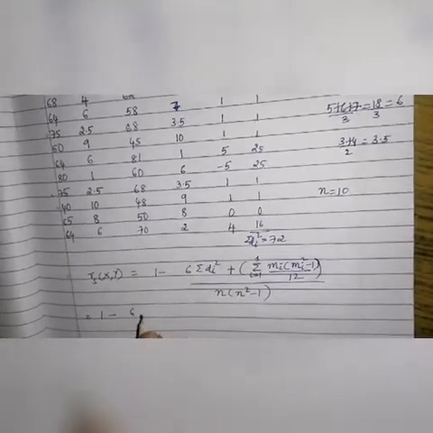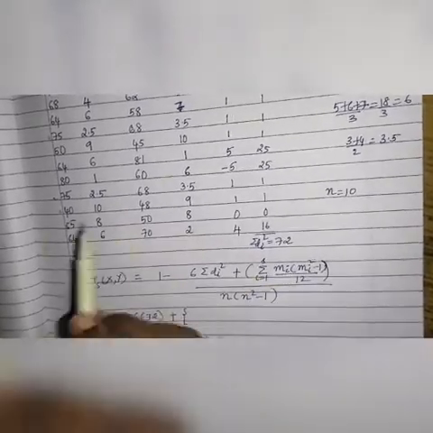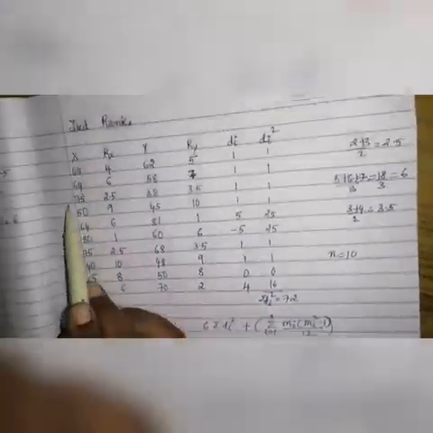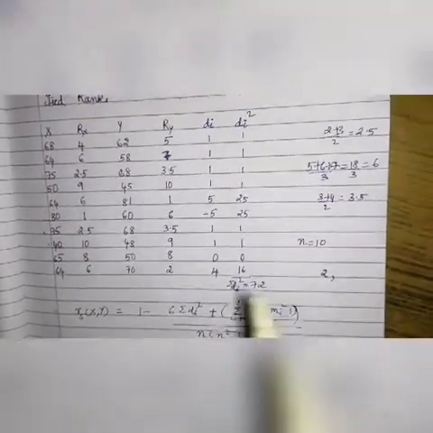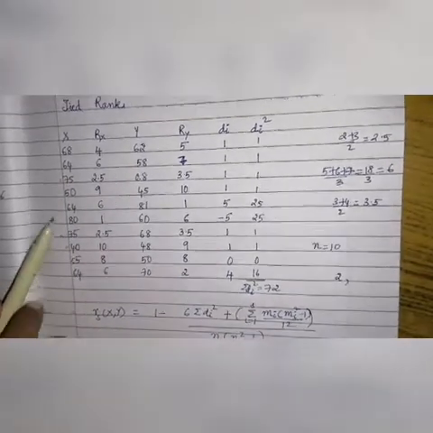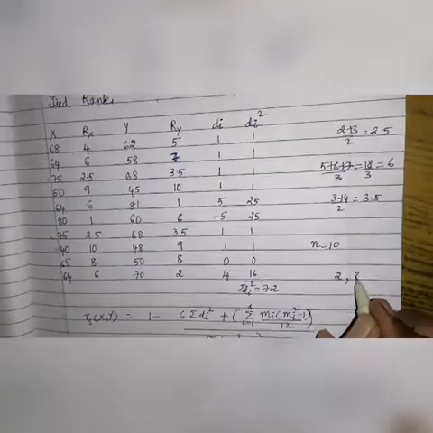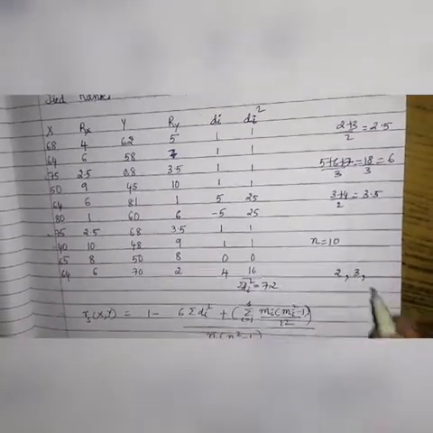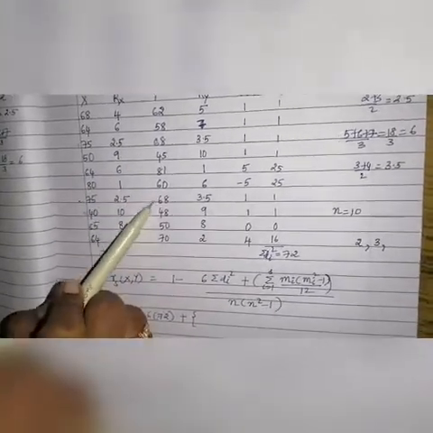Let us see. This is 1 minus 6 into di square, which is 72, plus, now the first variable, you have 75 repeated twice, then you have 64 repeated thrice. Then in the next variable you have 68 and it has been repeated twice.